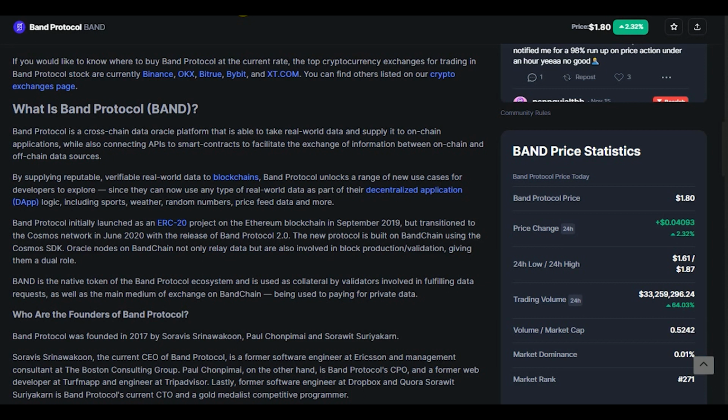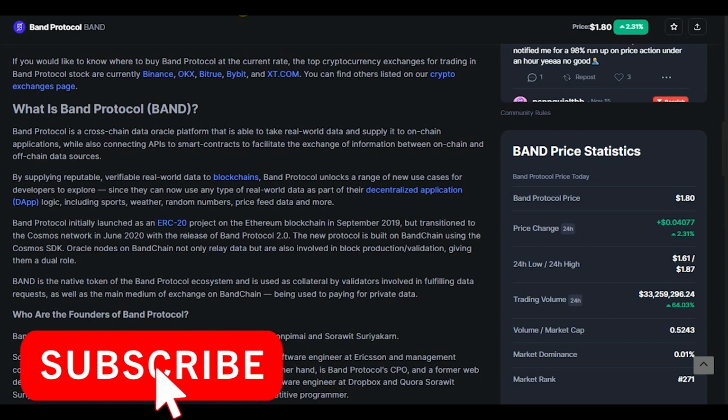Band protocol initially launched as an ERC20 project on the Ethereum blockchain in September 2019, but transitioned into a Cosmos network in June 2020 with a release of Band protocol 2.0. The new protocol is built on BandChain using the Cosmos SDK.